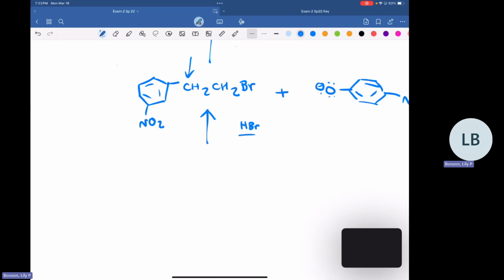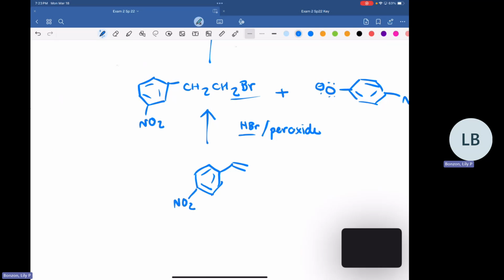So we don't want to do Br2 light, we're going to want to do something else. And so, if you remember this one, hopefully, if we have an alkene, we can add our bromine on, and we can specifically force it to add on into the non-Markovnikov position, and that's how we can get our primary halide.